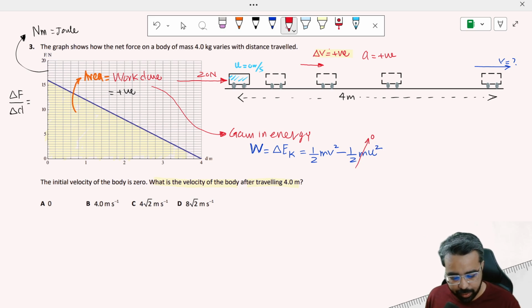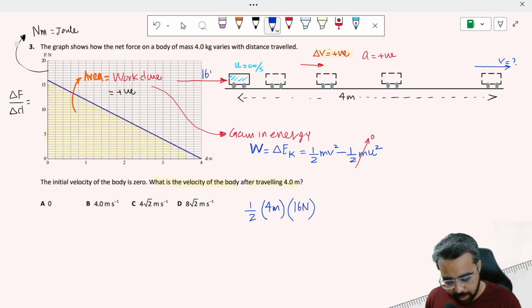And if we calculate the area, and by the way, this area is 1 over 2 into base, which is 4 meters, into height, that is, in fact, 16 newtons. I mistakenly said 20, but it is 16 newtons. All right. So that is equal to 1 over 2, mass is 4 kilogram into v square.